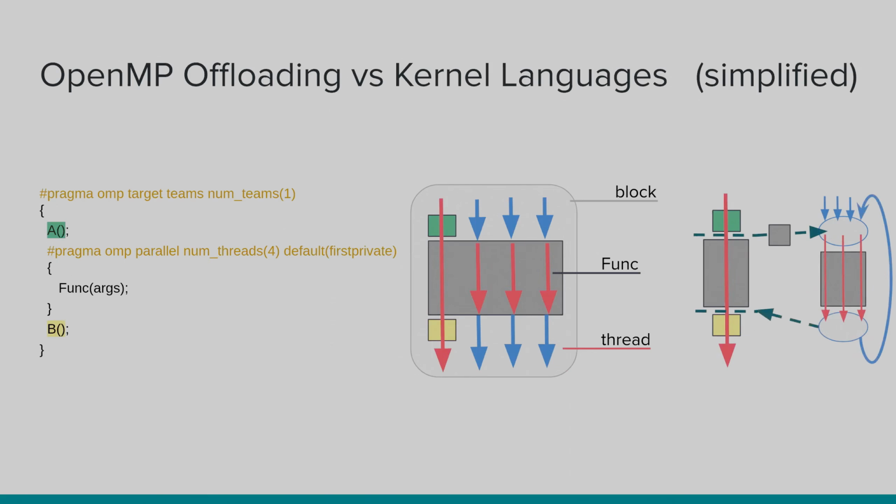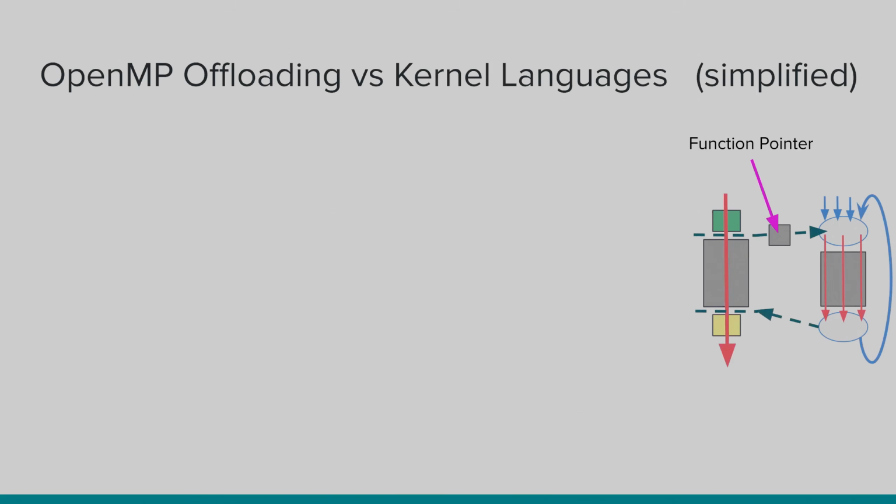Then they tell the main thread they are done. So everyone is done executing func. And then the main thread can continue while the worker threads go back to the initial bubble and wait. The right part is usually referred to as the worker state machine. This is how LLVM executes generic mode.